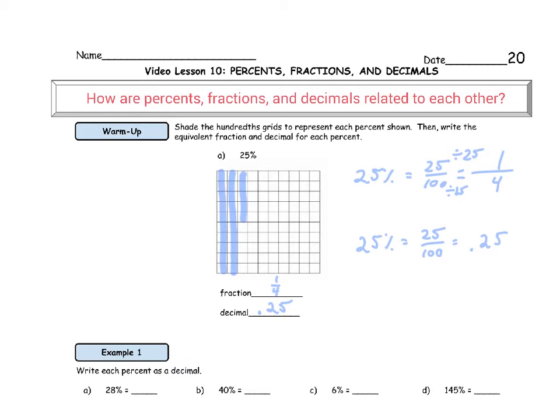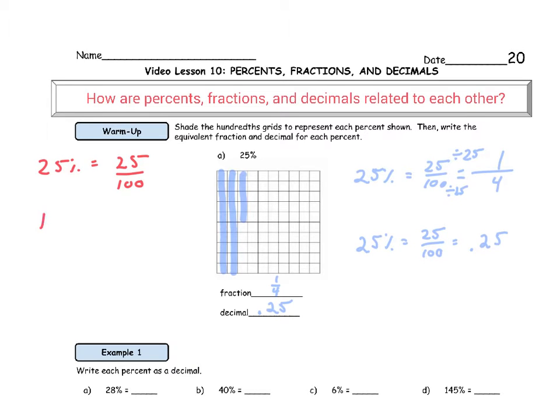Before we move to example number 1, I want to introduce an idea that you're going to see coming up within the next couple of lessons. It pertains to percents. If we were to look at 25%, I've already showed you several times, that represents 25 over 100. So 25 represents the part that is being shaded.